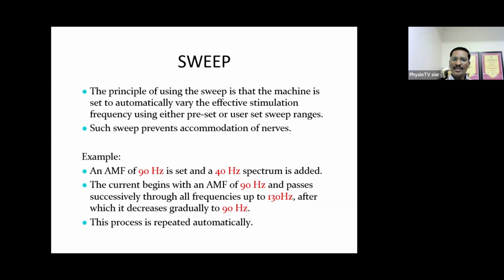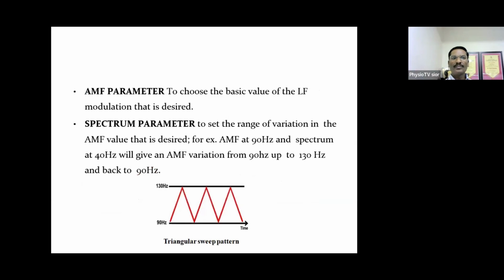So if you are setting the base at 90 and adding a spectrum of 40 hertz, 40 is added to the 90. So it becomes 130. From 90 it reaches 130, and from 130, again, it comes back to 90. So this process is repeated.